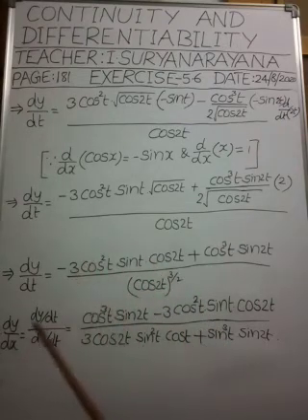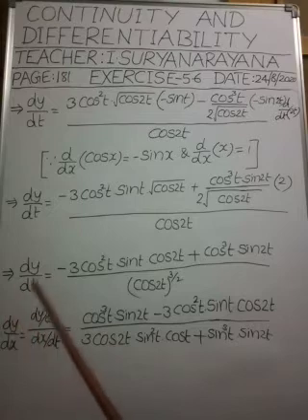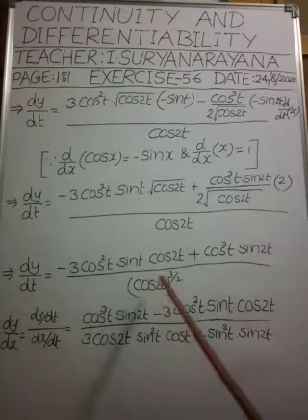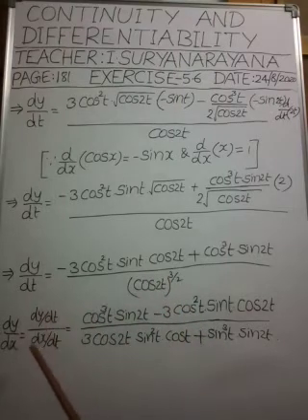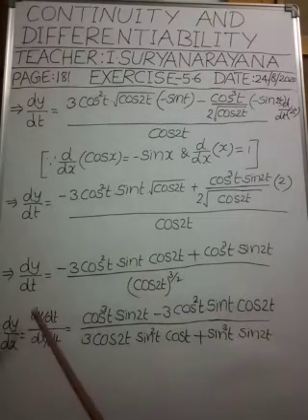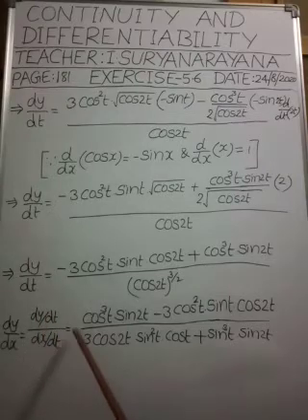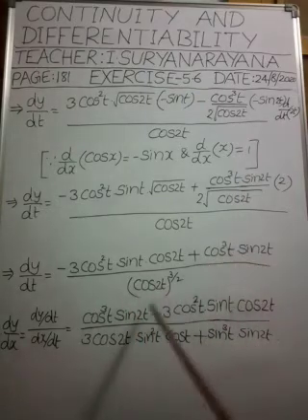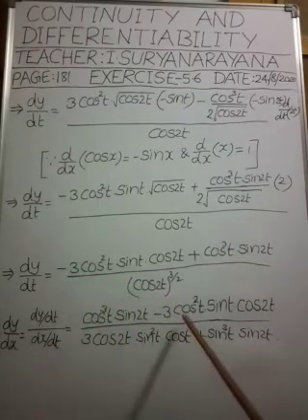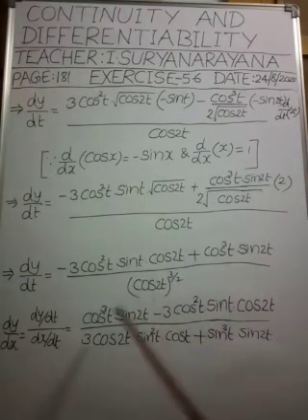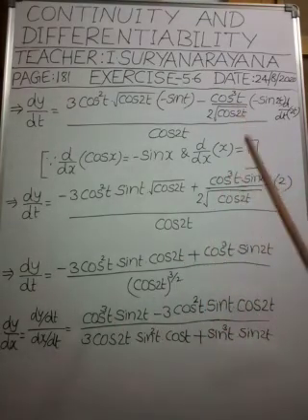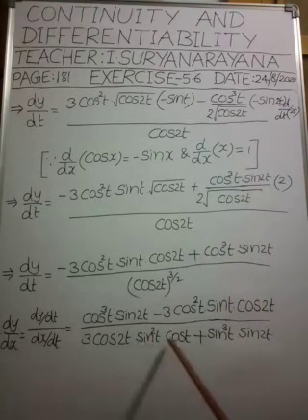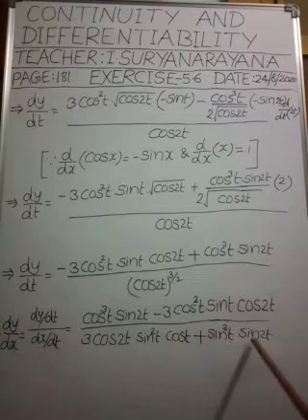Right. Now we find dy by dx. We have found dx by dt previously, and we got here dy by dt also. Then dy by dx is equal to dy by dt by dx by dt. That is equal to, I wrote this one, cos cube t sin 2t minus 3 cos square t sin t cos 2t, by the denominator, the numerator dx by dt, we got 3 cos 2t sin square t cos t plus sin cube t sin 2t.